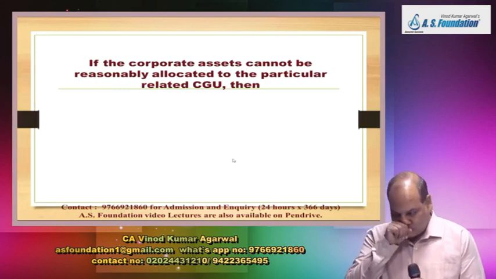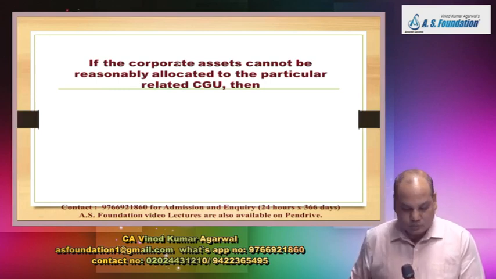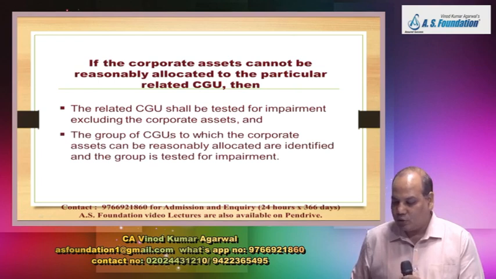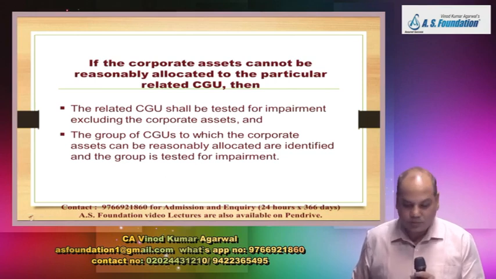Next is, in the next paragraph in that same place, if the corporate asset cannot be reasonably allocated to the particular related CGU, then the related CGU shall be tested for impairment excluding the corporate asset. And the group of CGUs to which the corporate assets can reasonably be allocated are identified and the group is tested for impairment.